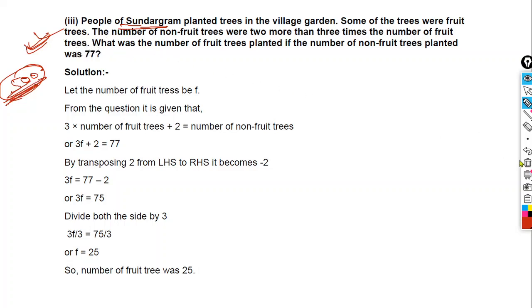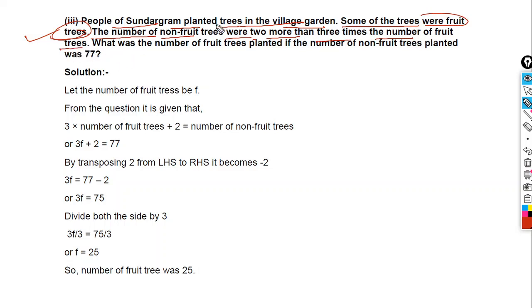So people of Sundargram planted trees in the village garden. Now some of the trees were fruit trees and some trees were non-fruit trees. The number of non-fruit trees was 2 more than 3 times the number of fruit trees. Very nice.